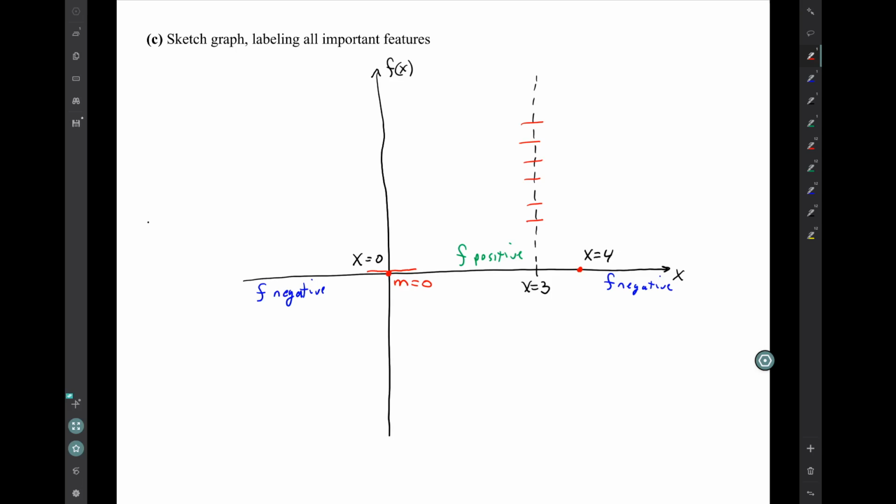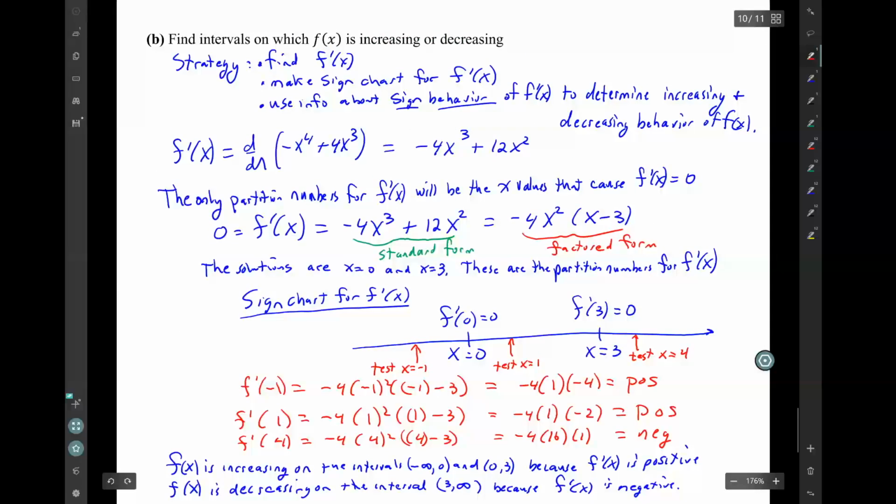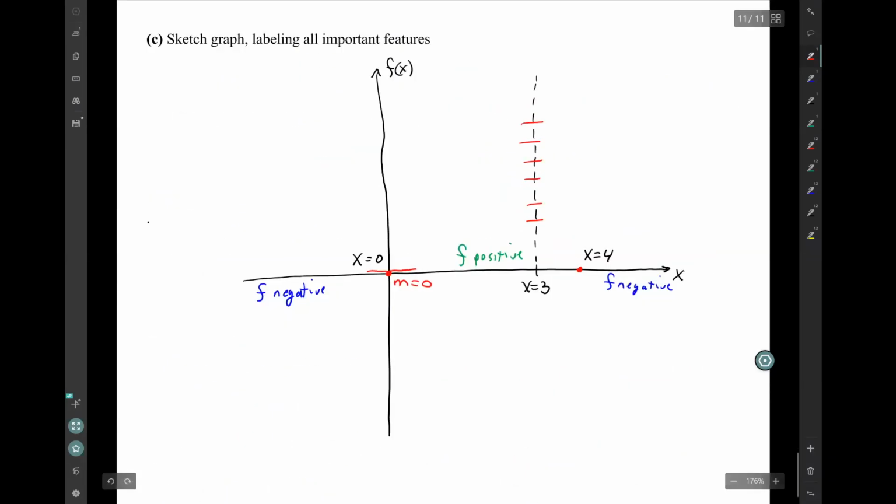Now let's go back up and look again at our results from B. So we see that f is increasing on those two intervals from negative infinity to 0 and 0 to 3, and f is decreasing from 3 to infinity. All right, so at this point we can draw a possible graph of our function.